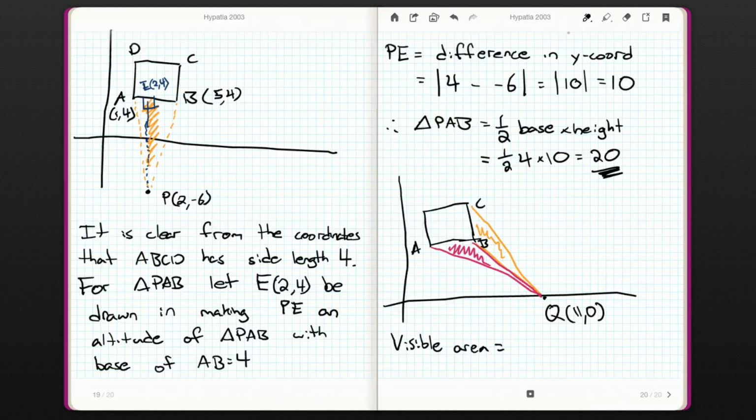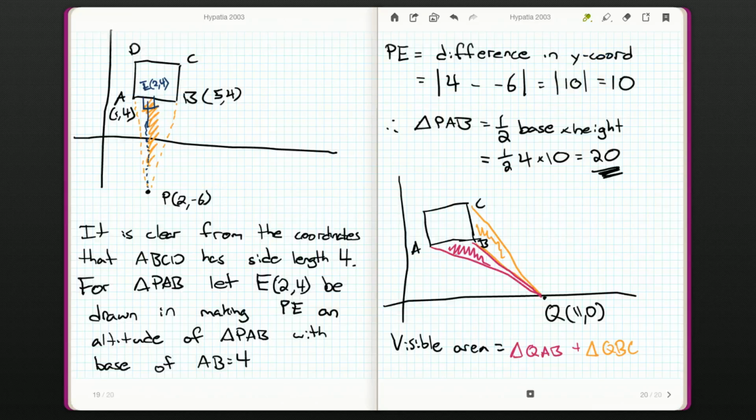So the visible area is equal to triangle QAB plus triangle QBC. So let's figure out each of those individual areas.